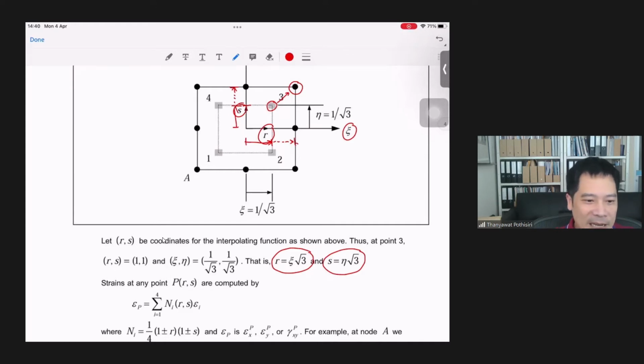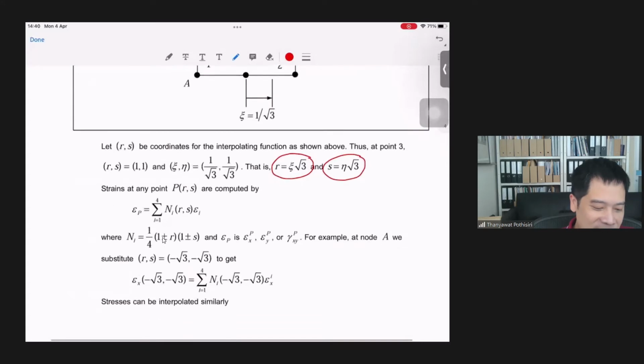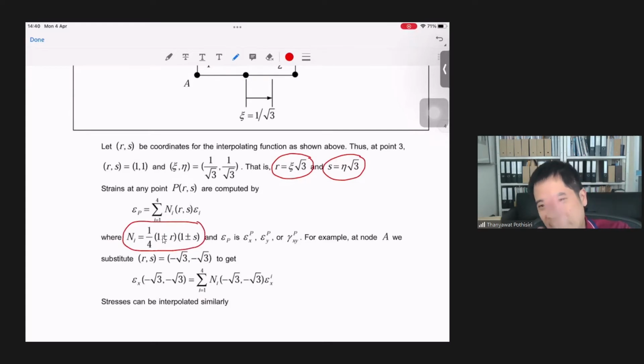So basically you can write the extrapolation function using the same format as for C and eta, but write it in terms of R and S, because the relationship between R and C is just scaling by a constant. The same for S and eta: you're scaling S up by a certain constant. So you can use the same format of the interpolation function in terms of C and eta, but write it in terms of R and S instead.